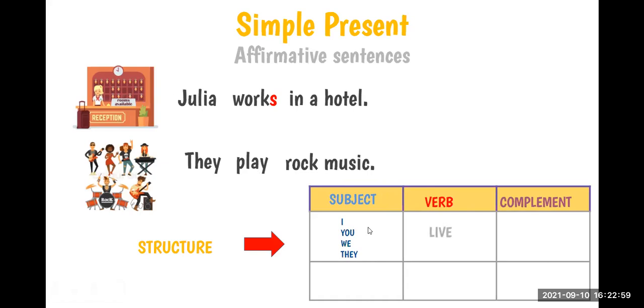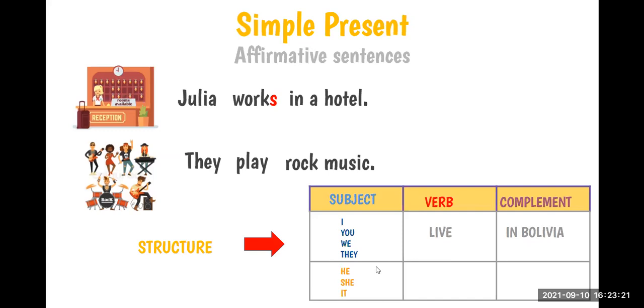So here we have subjects, the subject for I, you, we, and they, and we have the verb and the complement. I live in Bolivia, you live in Bolivia, we live in Bolivia, and they live in Bolivia, okay? But it's a little bit different when we talk about he, she, and it.